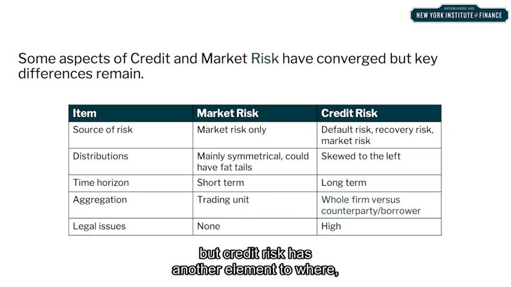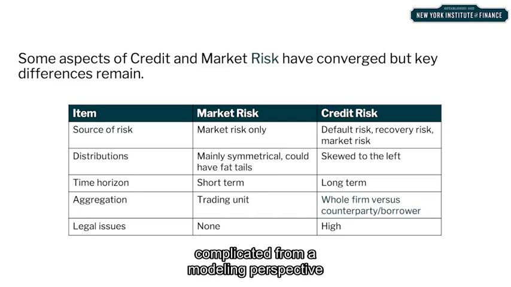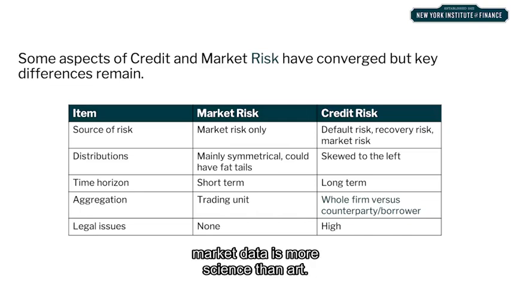But credit risk has another element to where you have the probability of default, you have recovery. It's a little more complicated from a modeling perspective than just relying on market data. As we said earlier, market data is more science than art. When you start going into credit risk, it's a little more a combination of the science and the art.